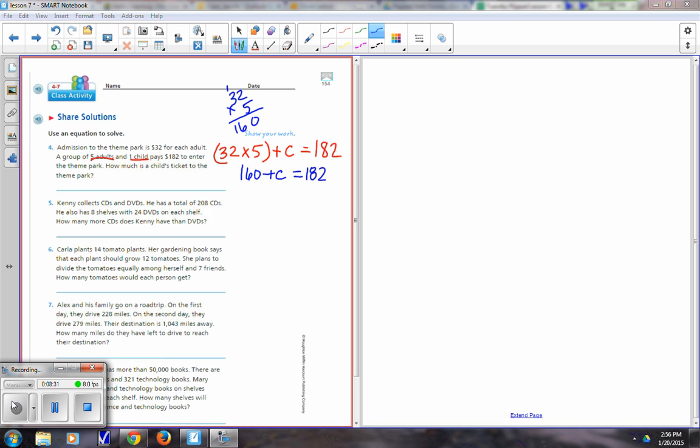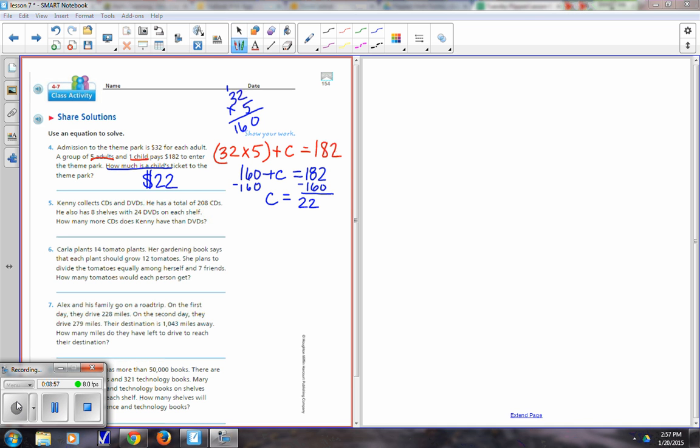So I need to do the inverse operation to find out what C is. So I would subtract 160, and that leaves me with C. And I would subtract 160, and that would leave me with 22. How much is a child's ticket? Would be $22.